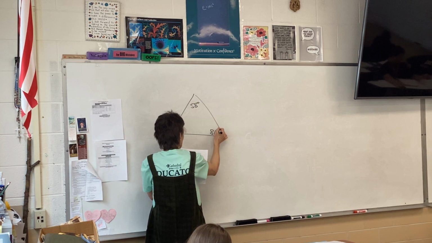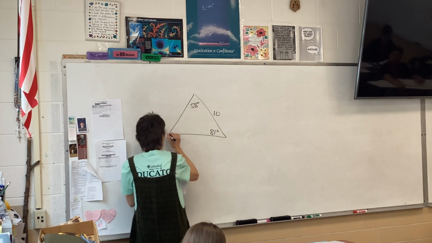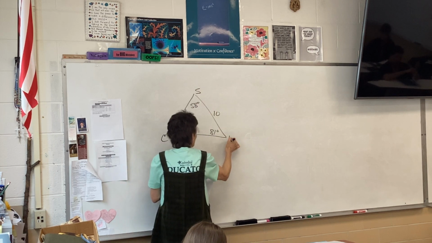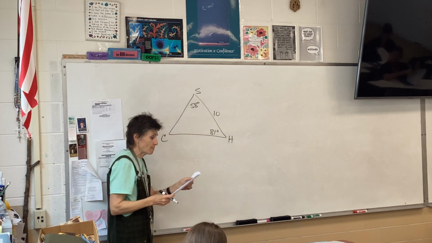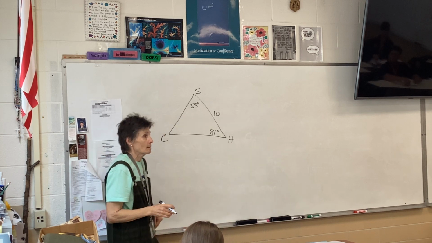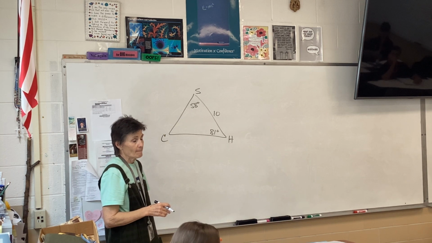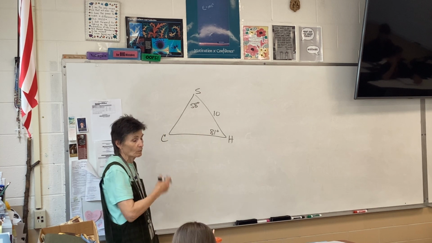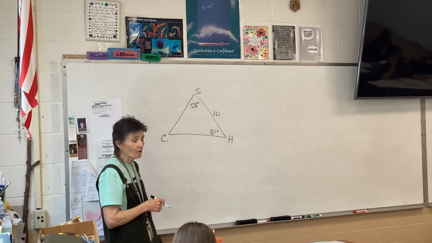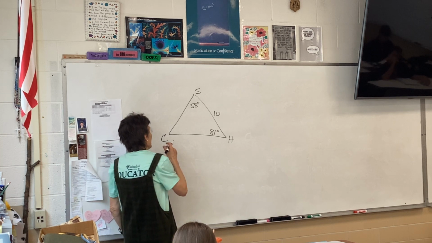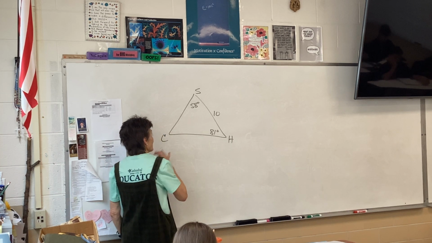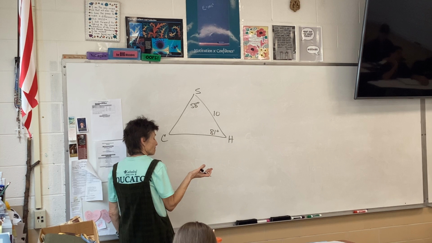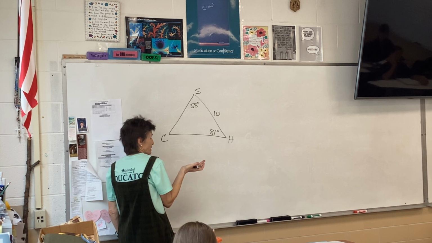Now, I've done this in degrees. Certainly there are radian measures that correspond with those. When we solve a triangle, what we mean is find all the missing pieces. A triangle has 6 pieces.